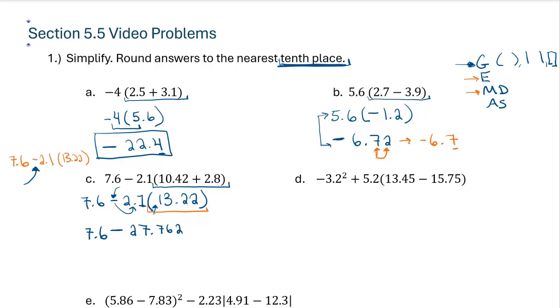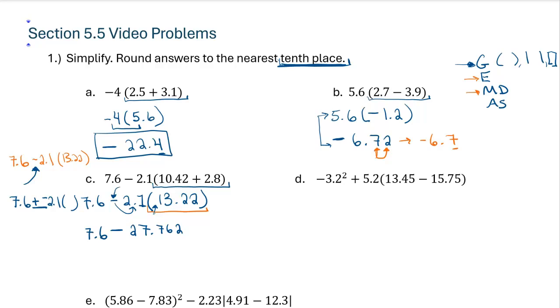It doesn't matter whether the subtraction is written as minus something, or in this case, I could rewrite this as plus negative 2.1, and then again the 13 22/100. This means exactly the same thing because all it's saying is that negative is sending us to the left.